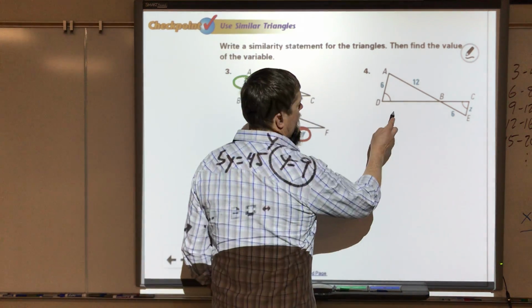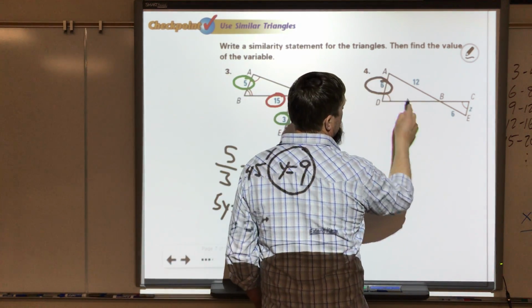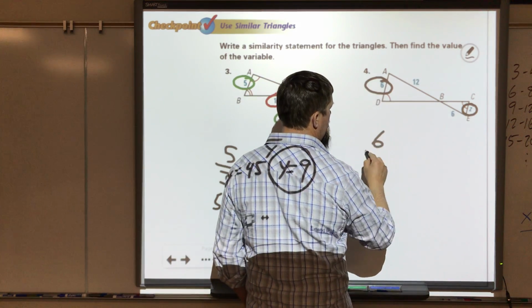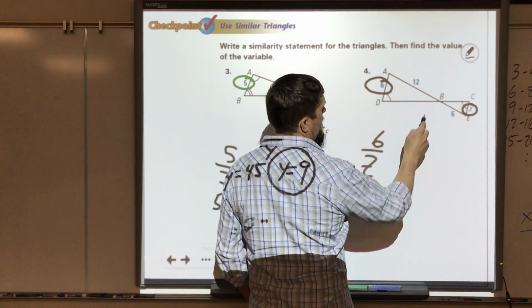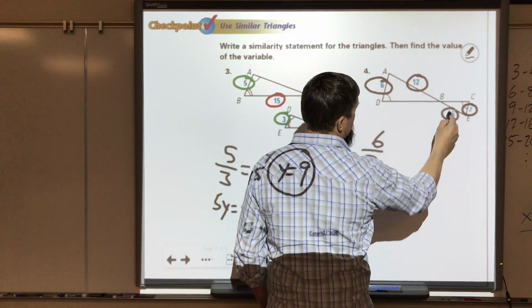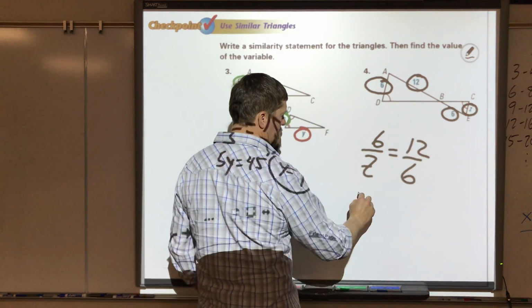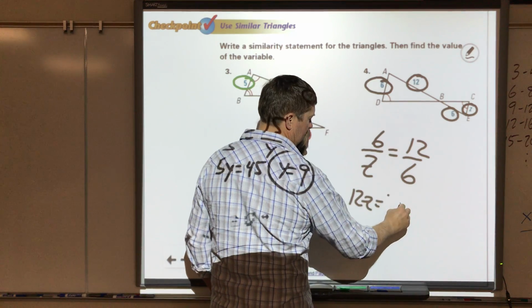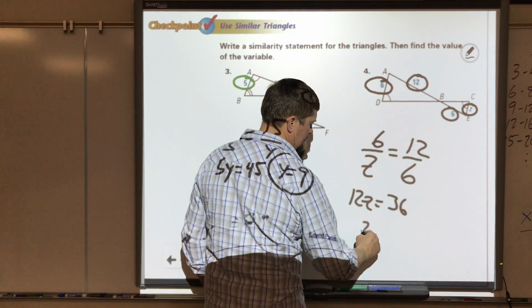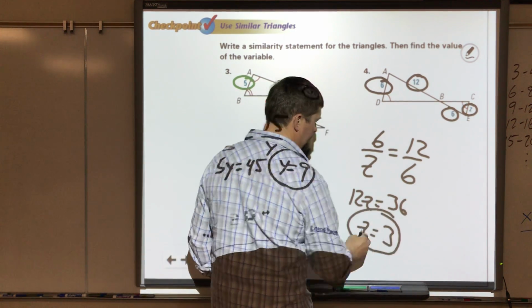All right, this one, the 6 is going to compare to z as 12 compares to 6. So I get 12z equals 36, or z is equal to 3.